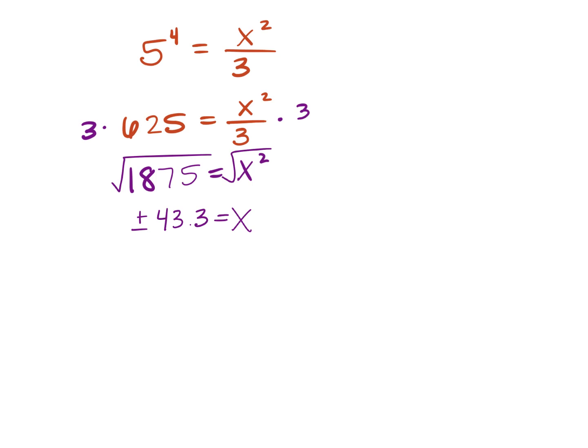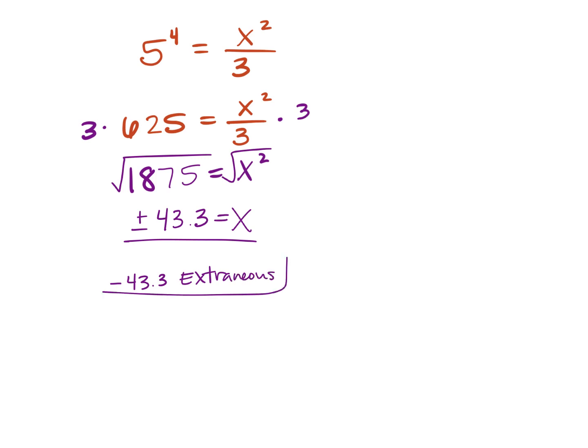Here's where you're going to love me. Look at the original problem and look at your answers. What's the issue? You cannot take the log of a negative, okay? So while these are your two answers, negative 43.3 is extraneous because you cannot take the log of it.